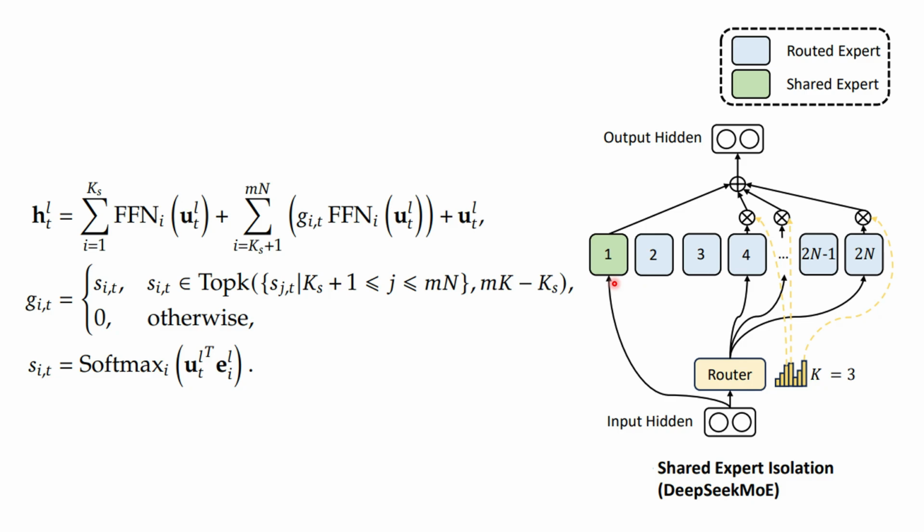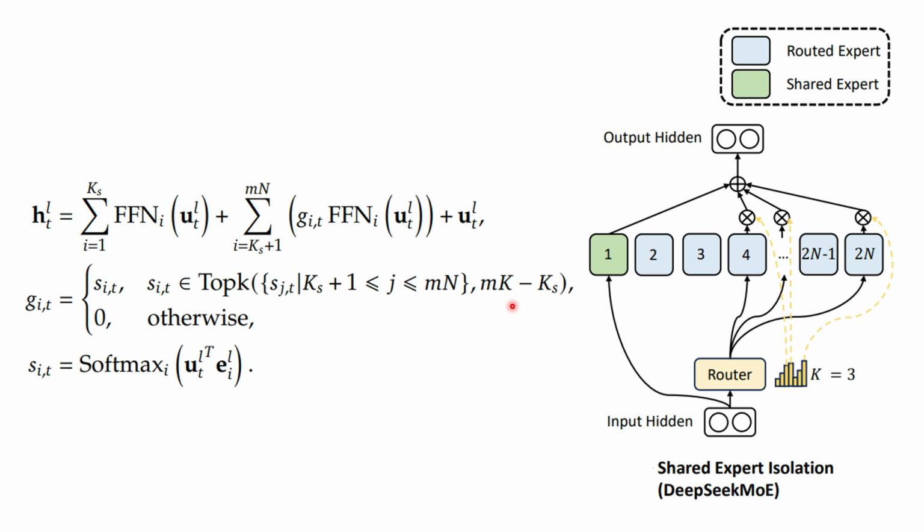All tokens are passed through these shared experts to learn this common context. For the remaining tokens, the previous method is used to select the most relevant experts. To maintain the same computational cost, the number of specialized experts is reduced by the number of shared experts.